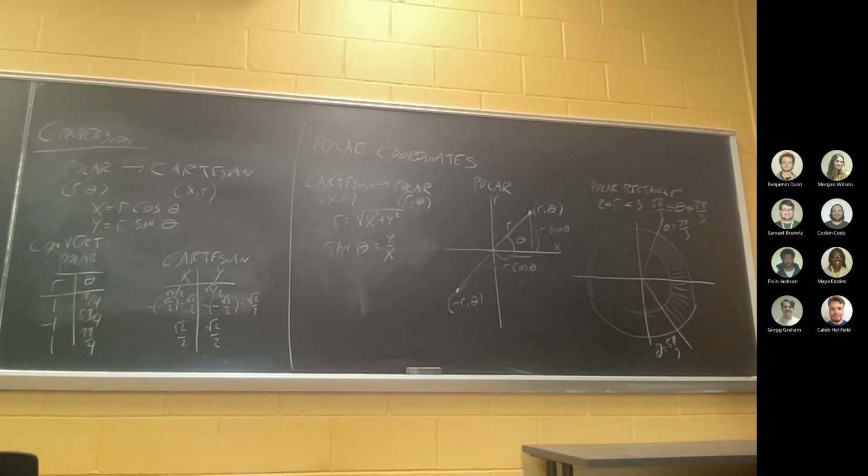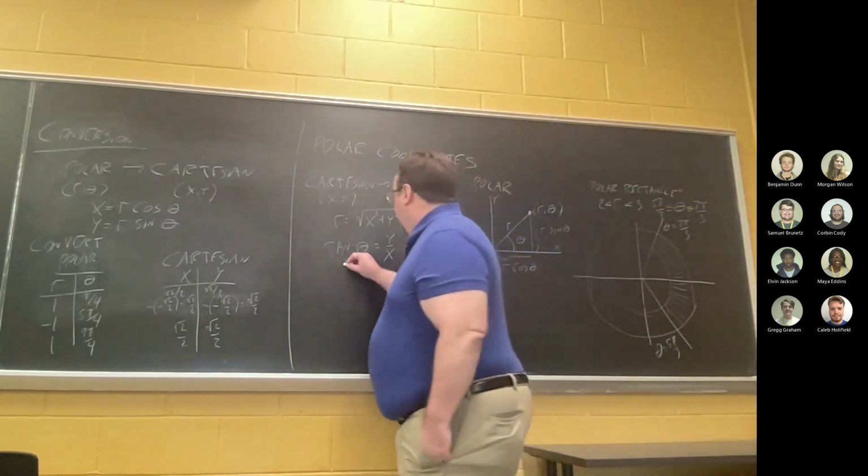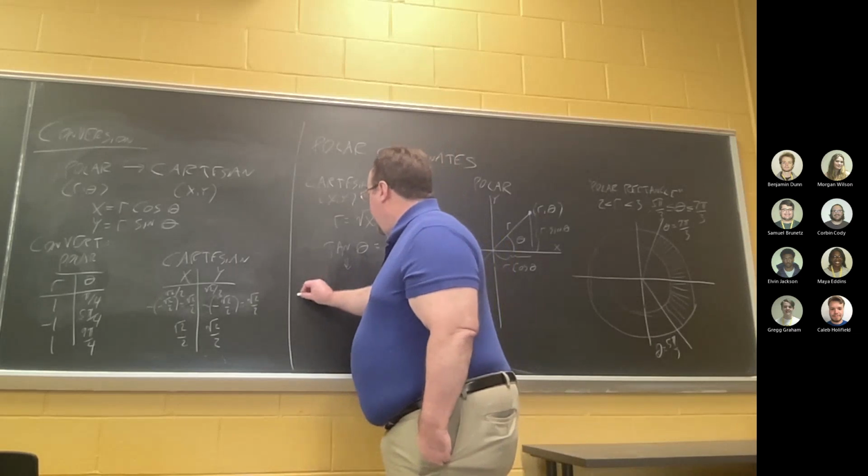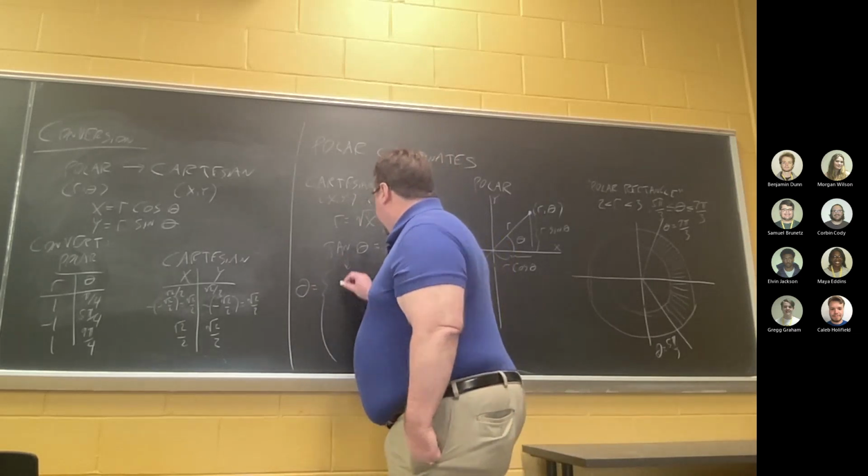Now, this came up once before: that does not mean you just go directly to theta is inverse tangent of y over x. That works in some cases, but not all. So getting r is straightforward, but theta, it depends.